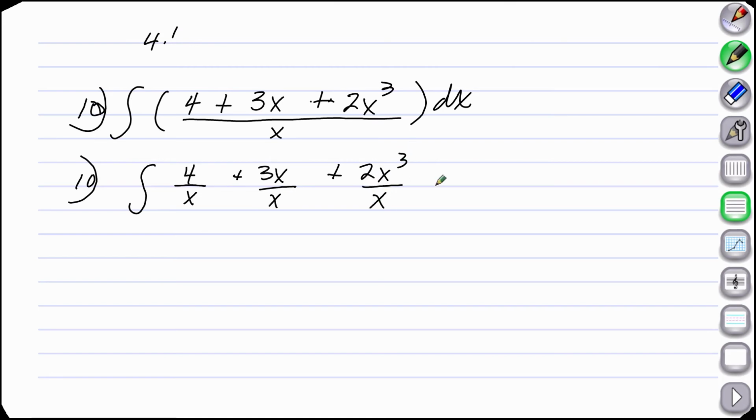Like that, so that you have it a little bit easier to work with. Right now, I wouldn't be too concerned about the dx. We're going to use that later on for some stuff. So this is really 4 times 1 over x. And this is really, the x's are going to cancel, right?